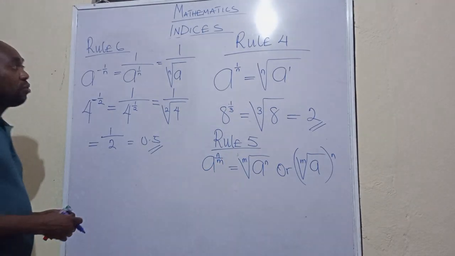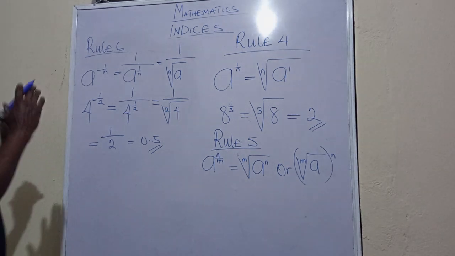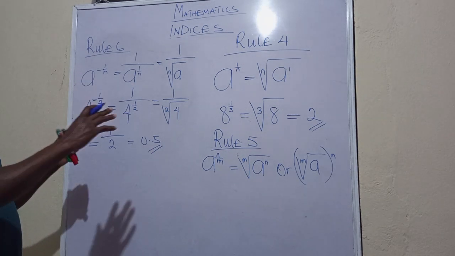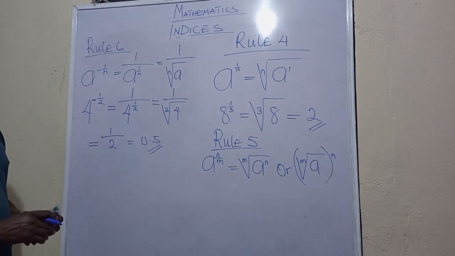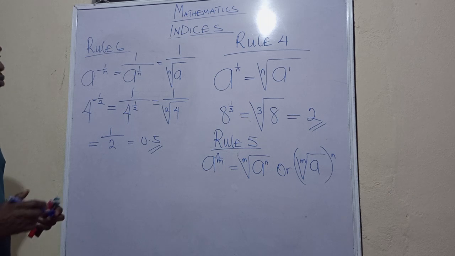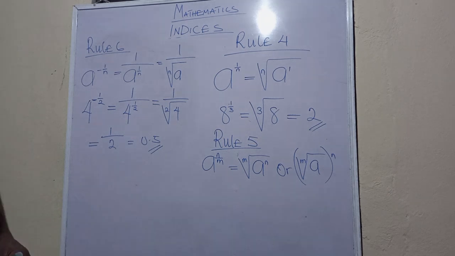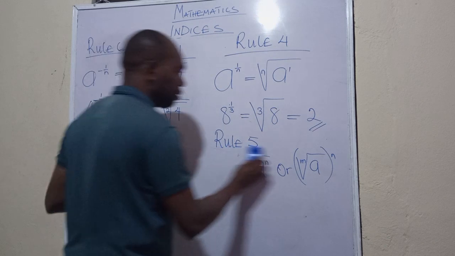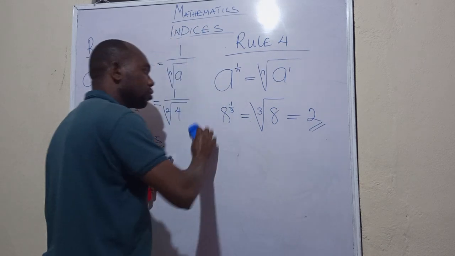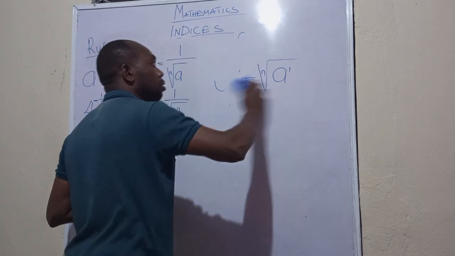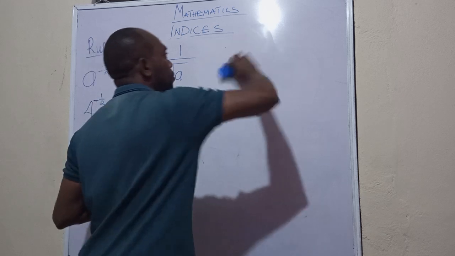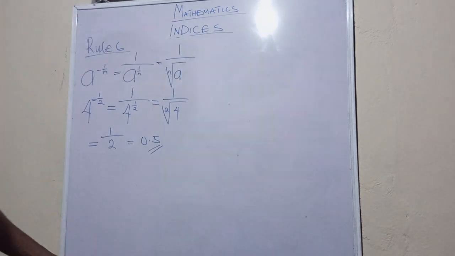Now let's look at the one that relates to rule 3, rule 4, rule 5, and rule 6. It's really what we are interested in. Okay, let's look at it together. Now, rule 7.